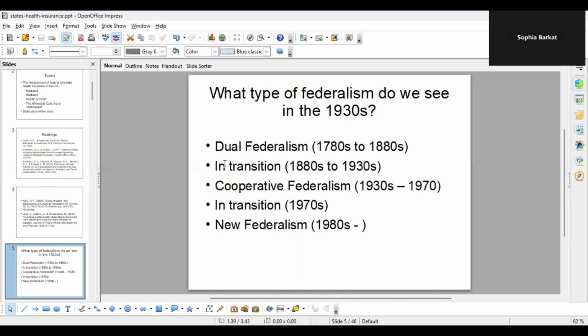So if the federal government is giving you money to engage in creating public infrastructure for, say, education or healthcare, then the states should have a bigger role in how that's going to be done. So this is the message of new federalism. And so we are really in the era of new federalism. So let's take a look at that.